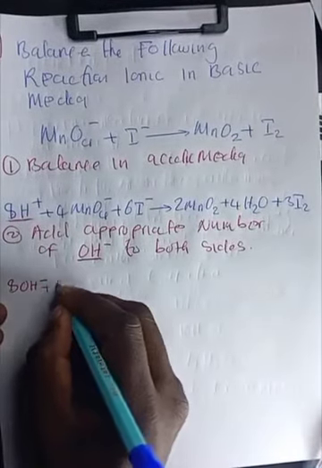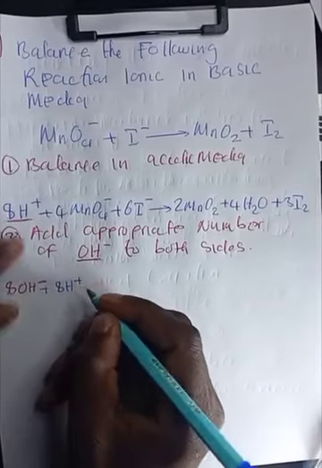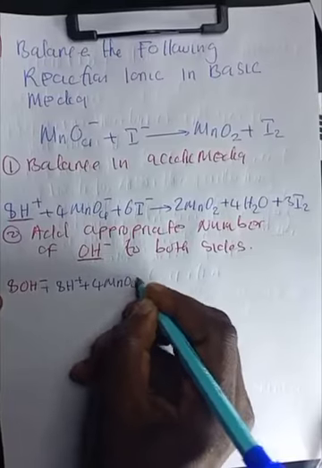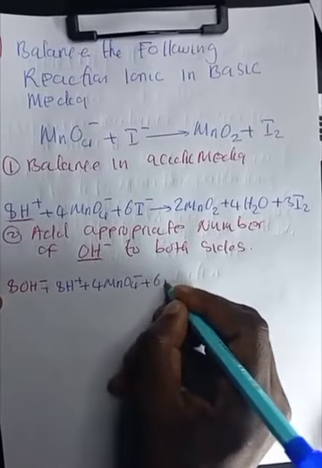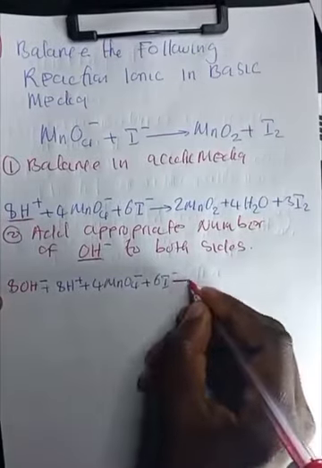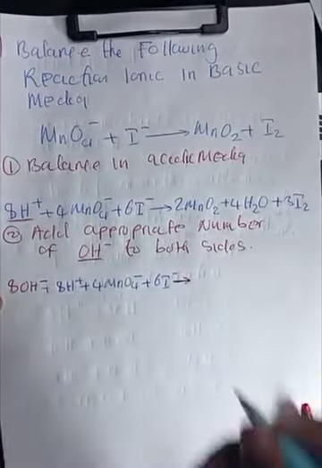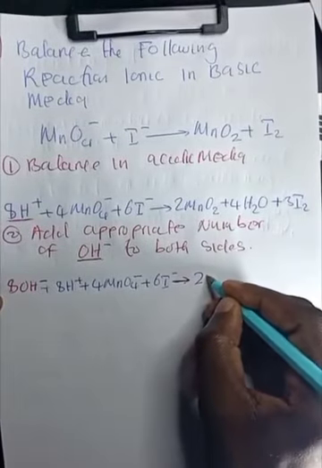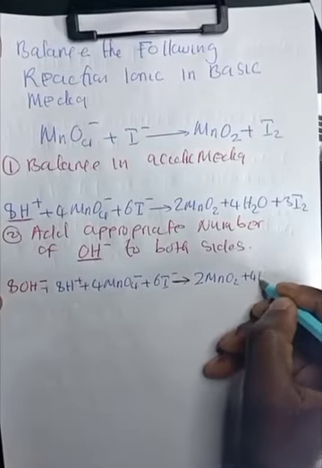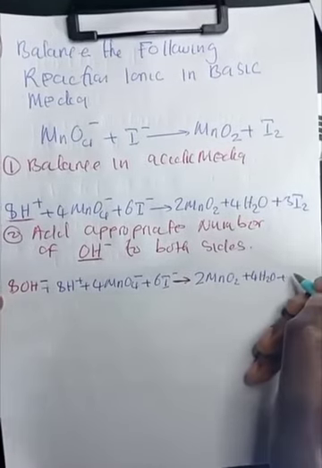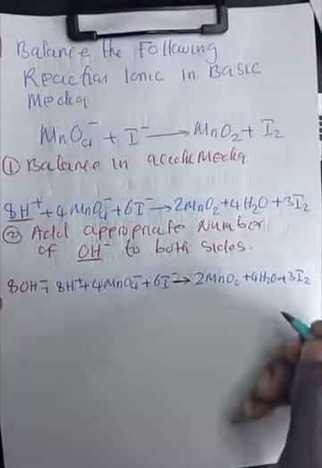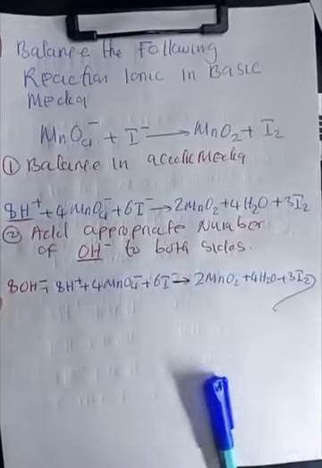So we're going to add again 8 hydrogen ions, which were already there, plus 4 MnO4 minus, plus 6 I minus, producing 2 MnO2 plus 4 H2O plus 3 I2. With a space, I'll put the 8 here.